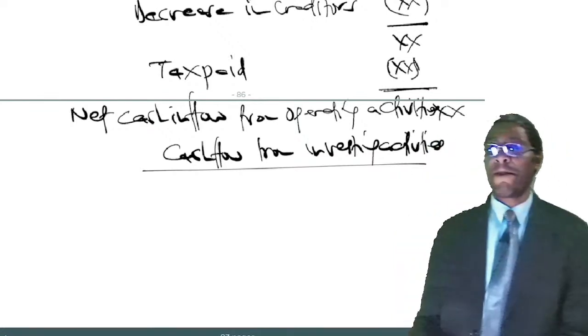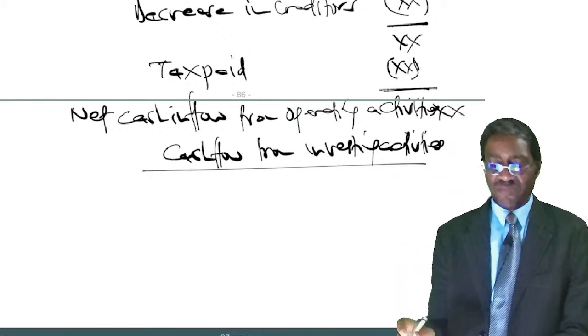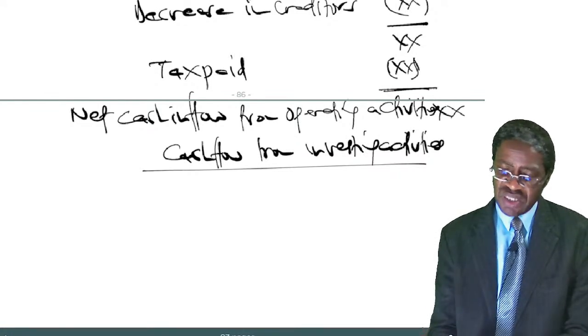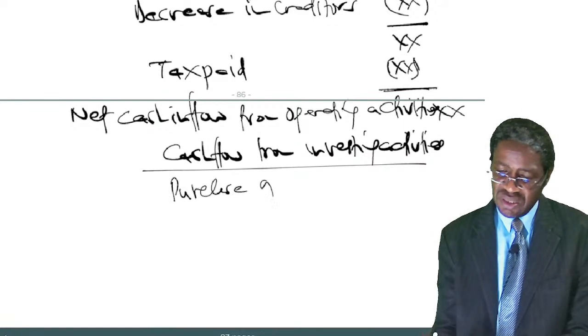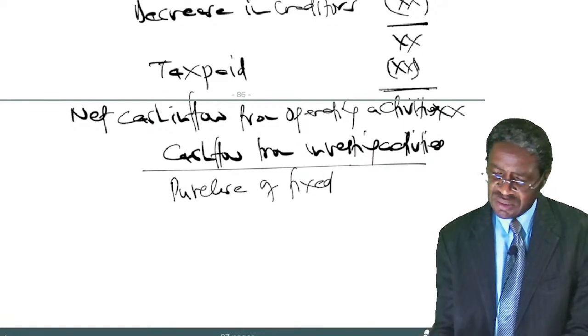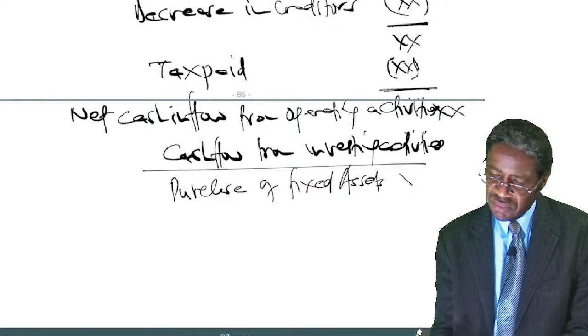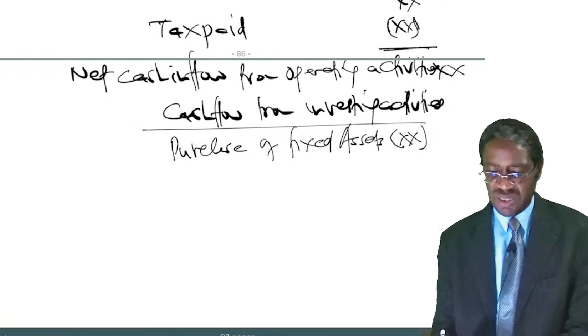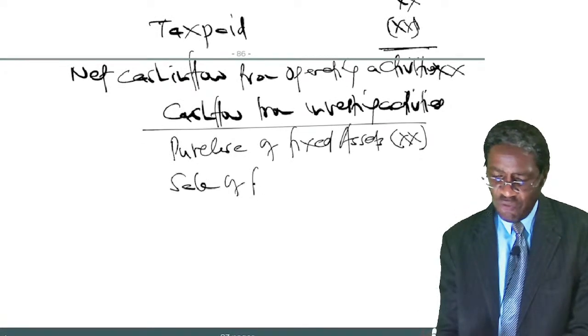Okay. We give an example. We said examples could be purchase of fixed assets. That's an outflow. Could be sale of fixed assets.